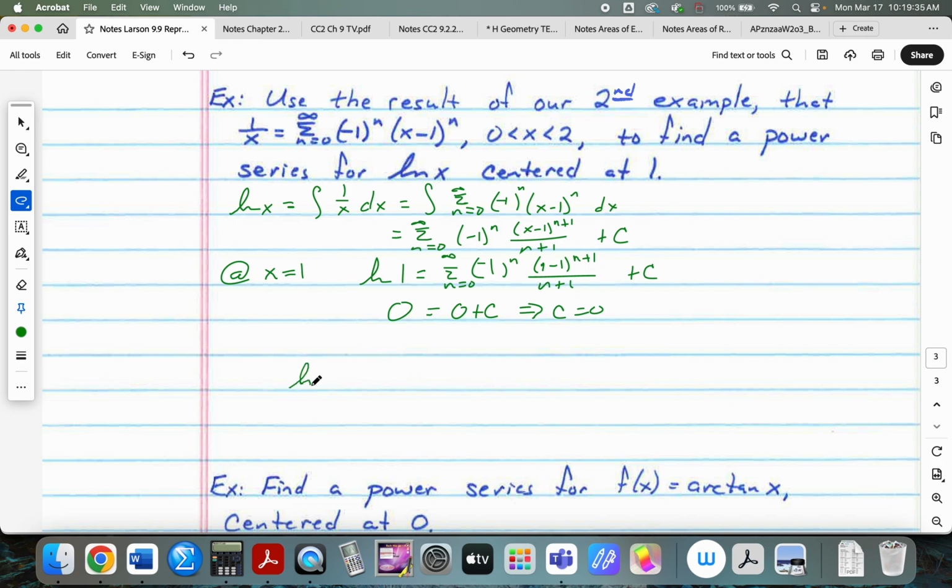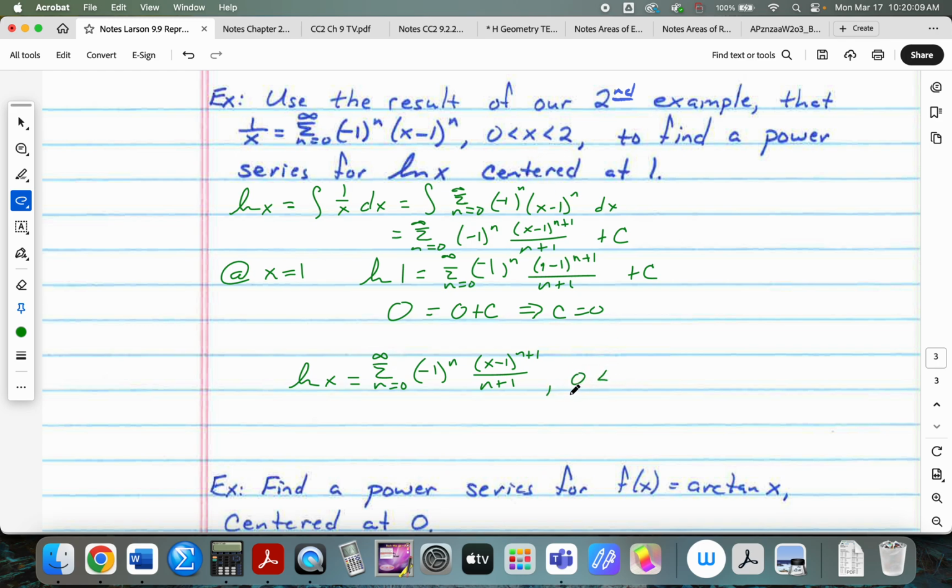So that means that natural log of x is equal to the summation as n goes from 0 to infinity of -1 to the nth times x minus 1 to the n plus 1 over n plus 1. We know that this went from 0 to 2.